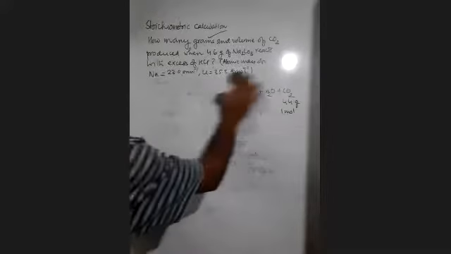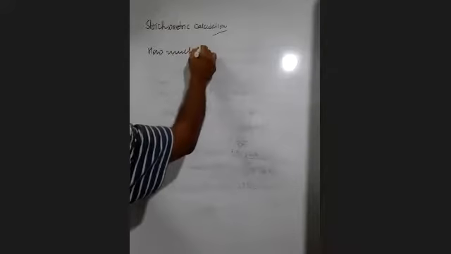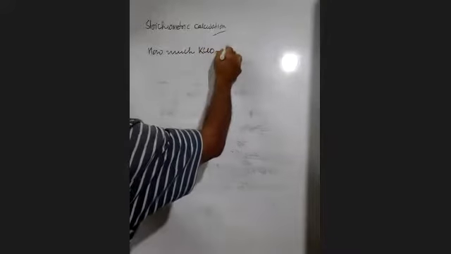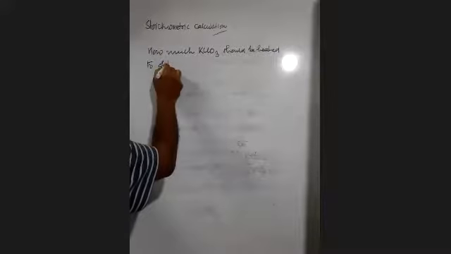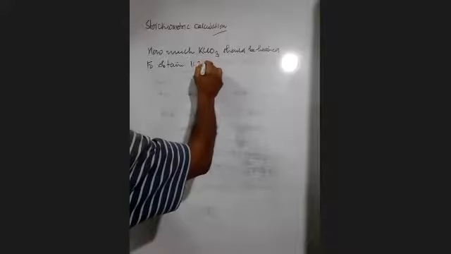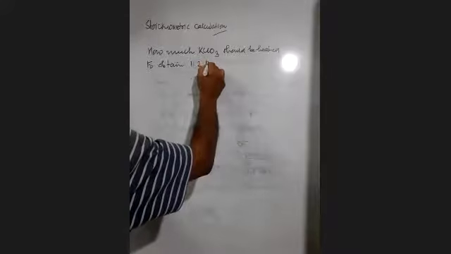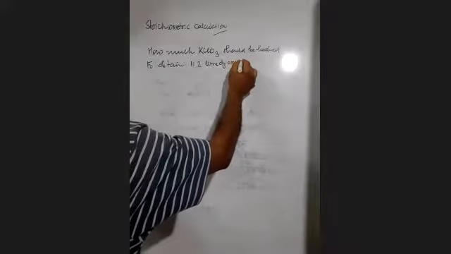Okay. Now, how much potassium chlorate should be heated to obtain 11.2 liter of oxygen?